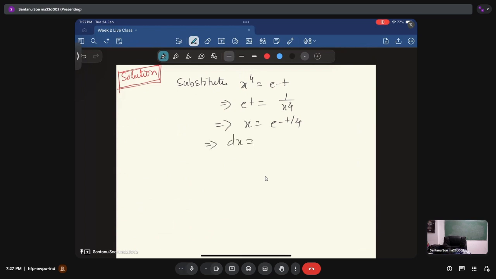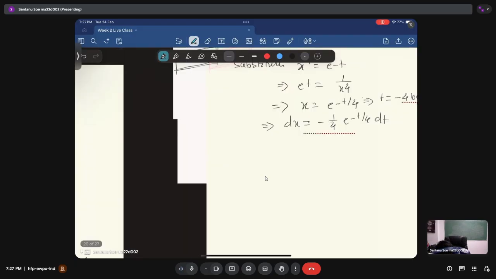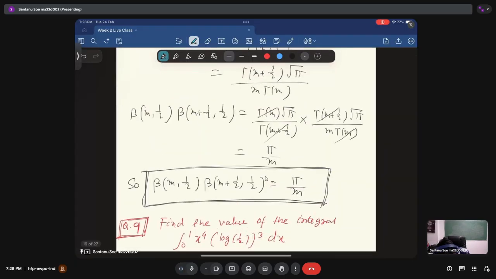and this implies that dx equals minus 1 by 4 e to the power minus t by 4 dt. Okay. And also from here, t equals minus 4 log x. Okay. So now the limit is given from 0 to 1.